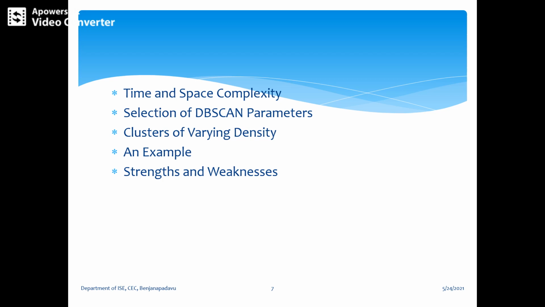DBSCAN has trouble when the clusters have widely varying densities. Finally, DBSCAN can be expensive when the computation of nearest neighbors requires computing all the pairwise proximities, as is usually the case for high-dimensional data.